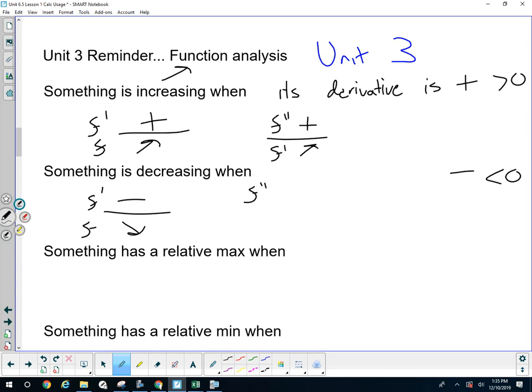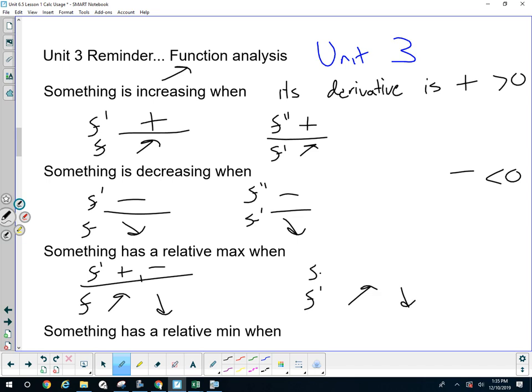If f double prime is negative, f prime is going down. Something has a relative max when we change from going up to going down. That's when the derivative will change from positive to negative. F prime will have a relative max if f prime goes up and down. F prime will go up and down if f double prime changes from positive to negative.